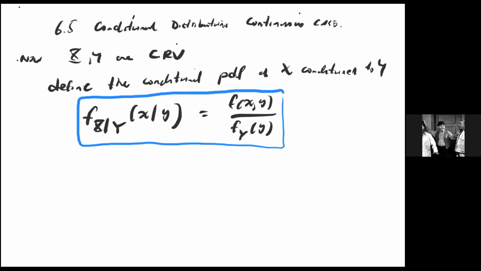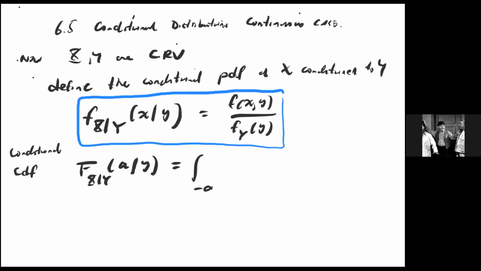Okay, and then we have also the conditional CDF of X conditioned to Y, of a number a, and this is the integral from minus infinity to a of f of x given y, that's not an a here, it's an x, dx.